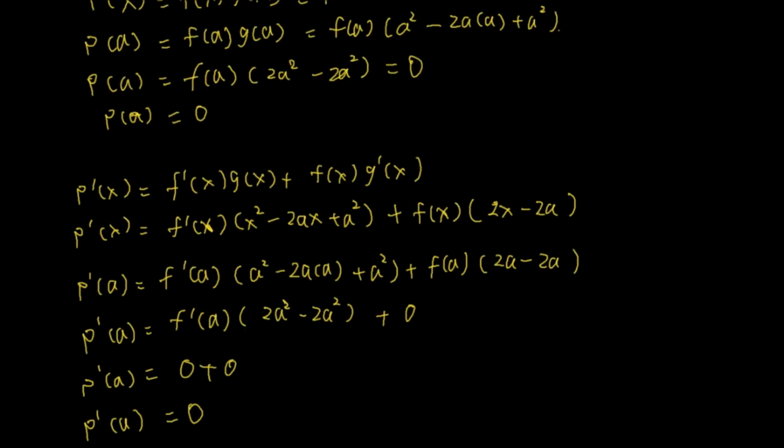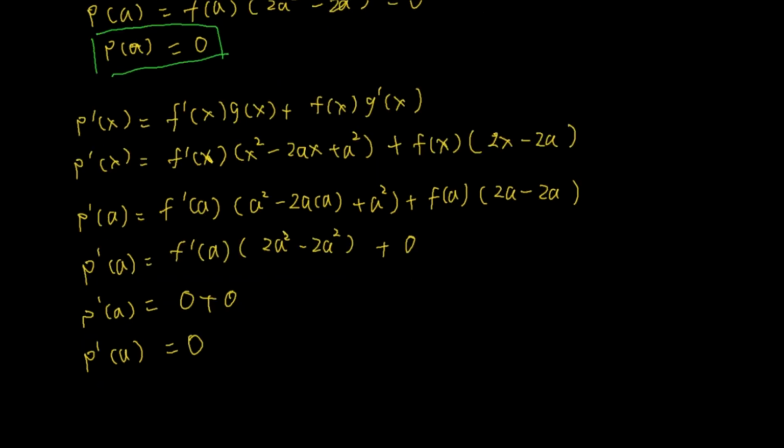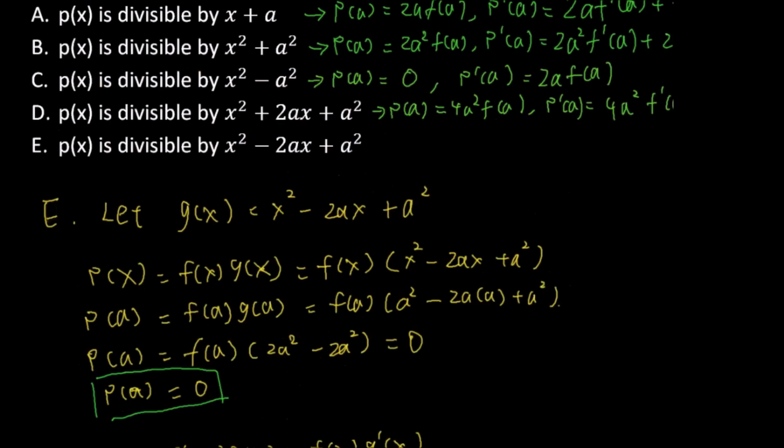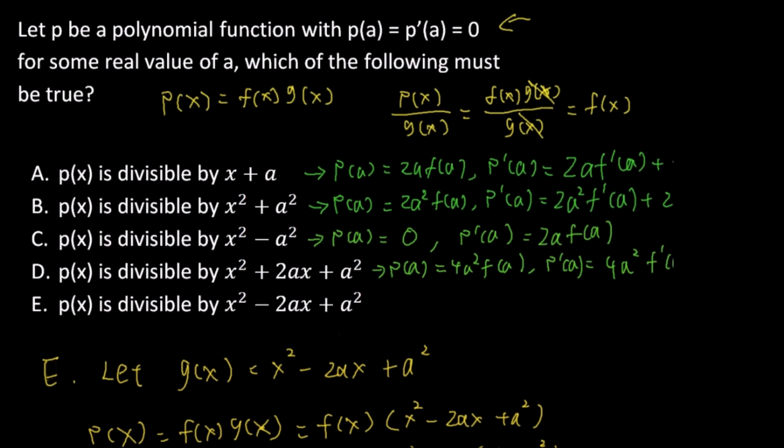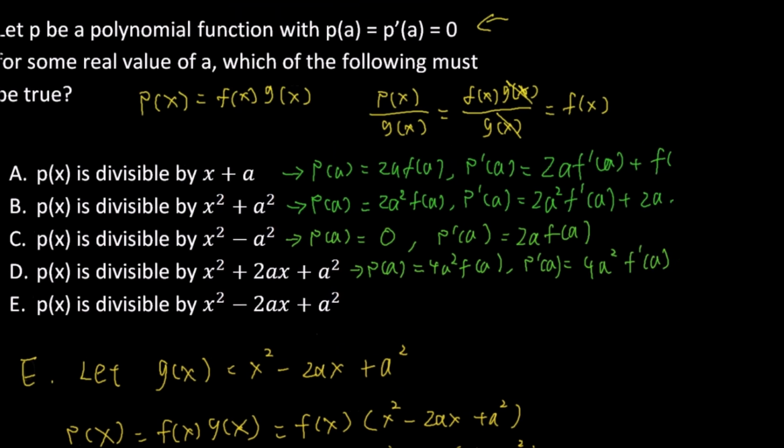Oh, what do we see? We have P at a is equal to 0, and then P prime at a is also equal to 0. Is that what we're looking for? So let's write down our finding.